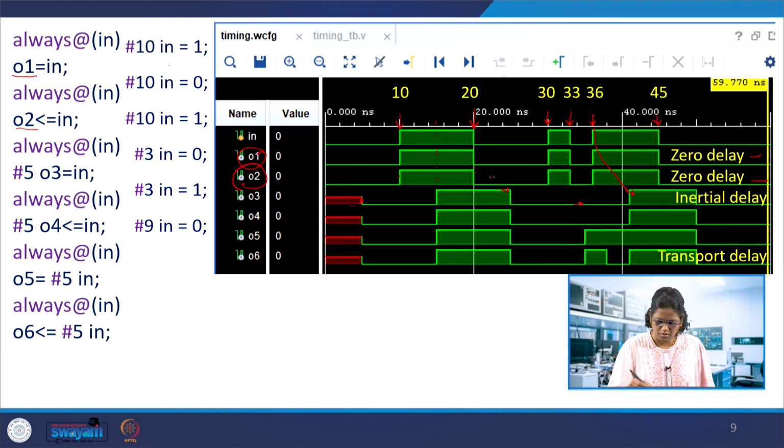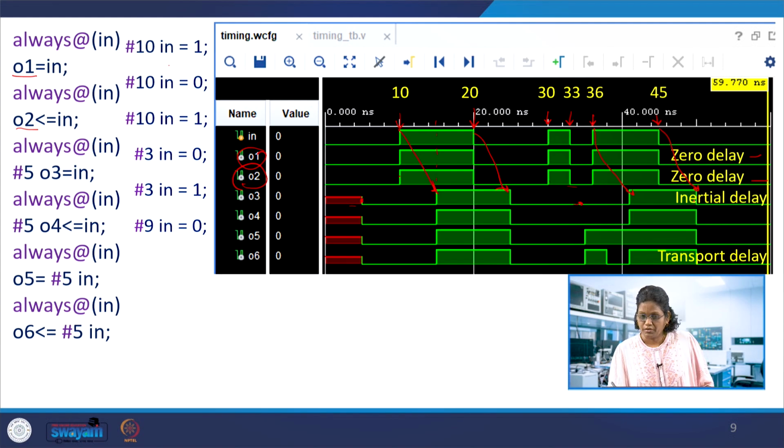This input edge is not assigned over here because of the change which is occurring before that. And then at 36 the change is reflected at 41.